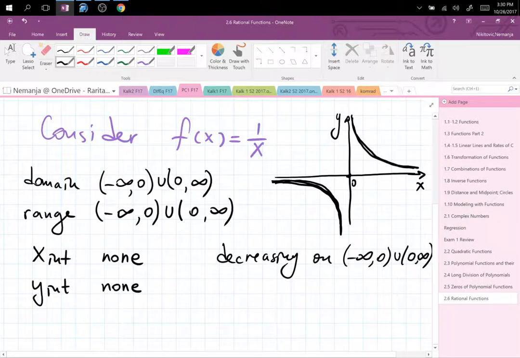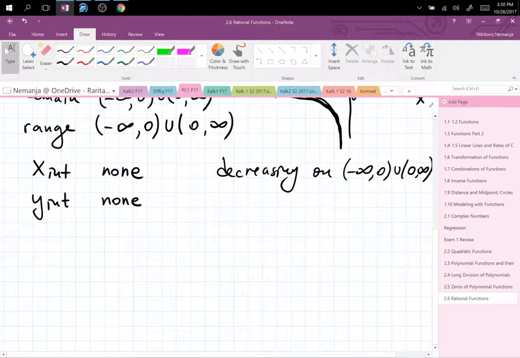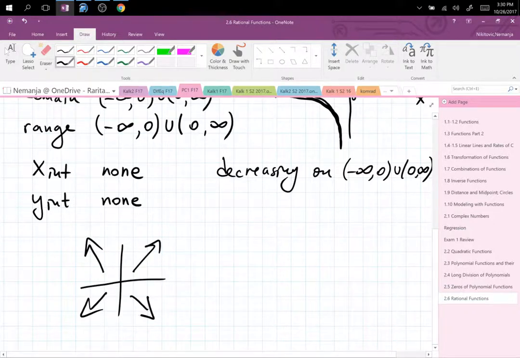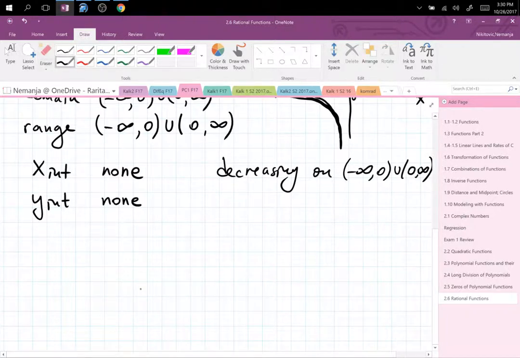End behavior on the left and the right is tending to 0, right? Remember that end behavior for polynomials was always going to one of the infinities, positive or negative. Well, now for this particular function, you see that these arrows actually tend to 0. So they are tending to y equals 0.